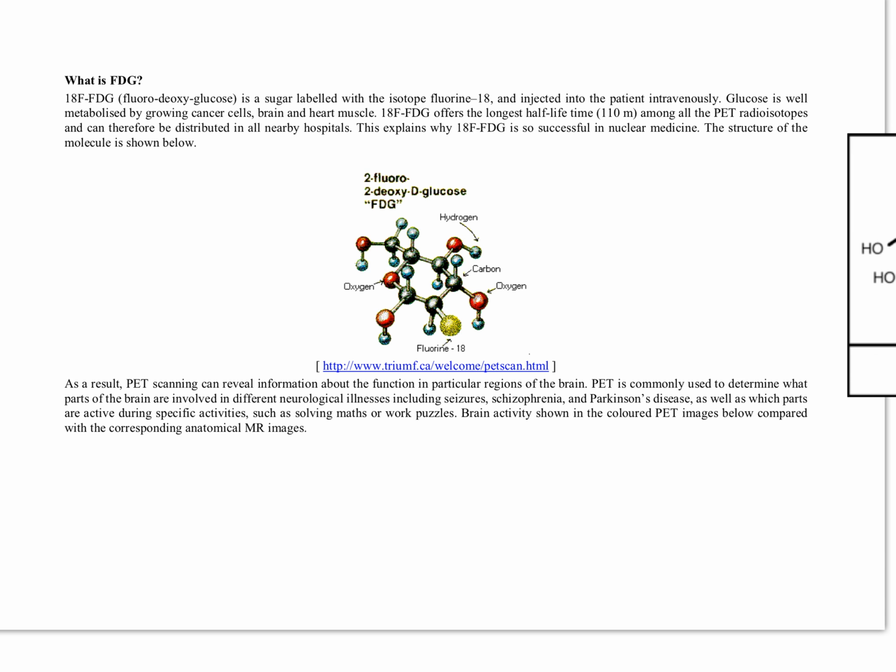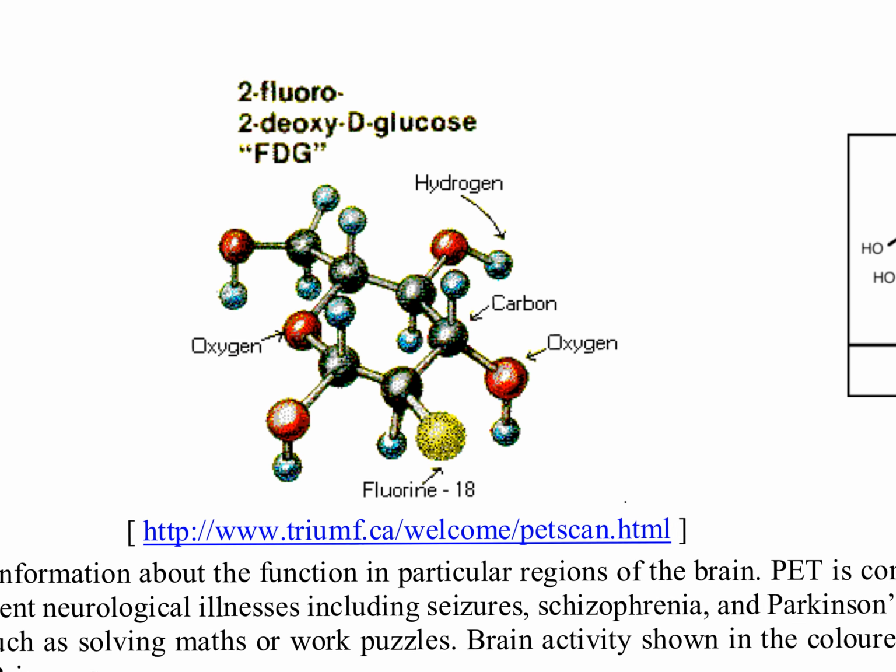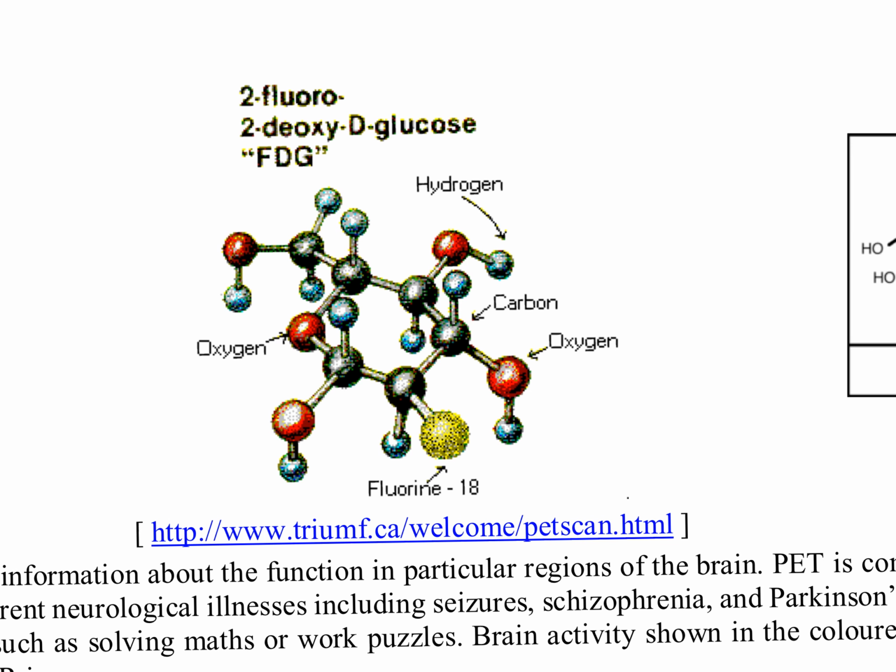Just having a little bit closer look at 18-fluorodeoxyglucose. Okay, so it's a molecule, and we have a replacement of one of our groups, this fluorine atom here. You can see the fluorine atom that's been added in place of an OH group.